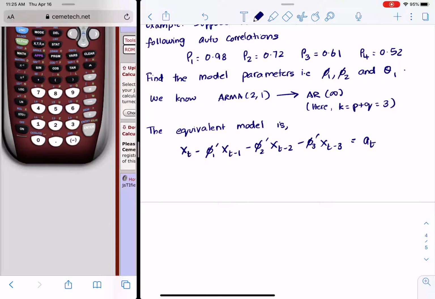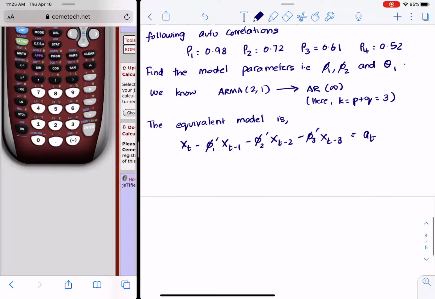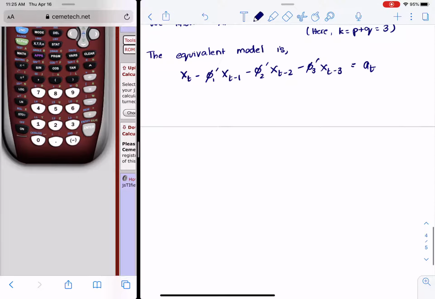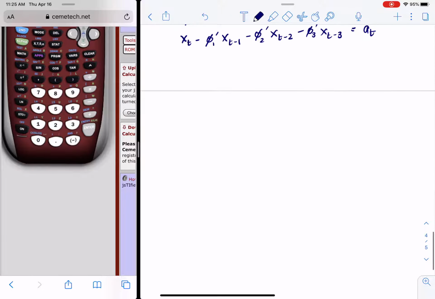This is an intermediate step. So we are going to make use of the AR3 representation and the autocorrelations to find the actual ARMA 2-1 model. So now we could go to the Yule-Walker equations.